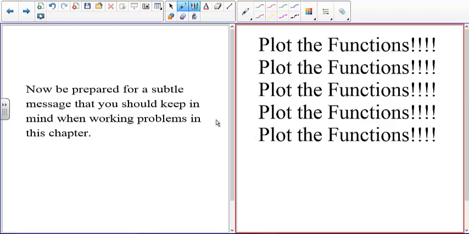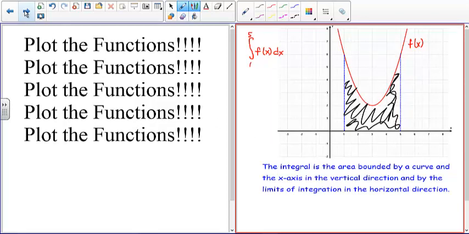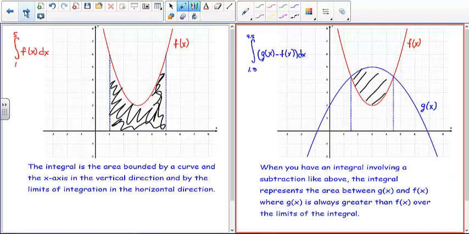Okay, so let's look at this. I think we have an example here. It's just reiterating what I said. In this case I have a function, a parabola, and we probably could come up with the equation based on the vertex.